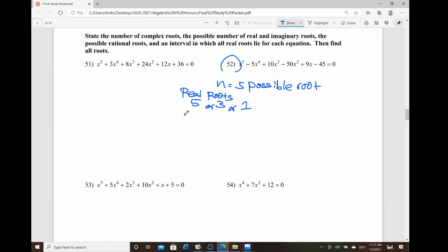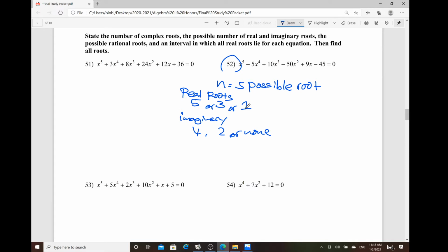And then what about the imaginary roots? For the imaginary roots, we can get either 4, 2, or none. Well, because if that's 5 real roots, that means none of those roots are imaginary. If 3 real roots, that means the other 2 roots would be imaginary.